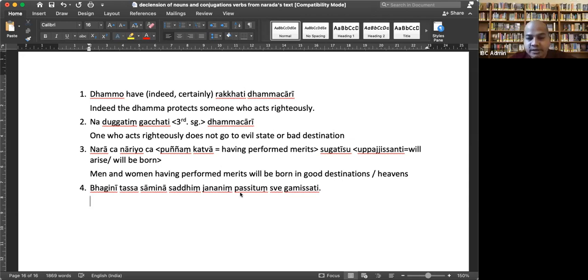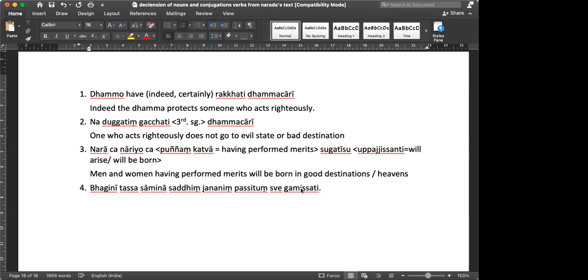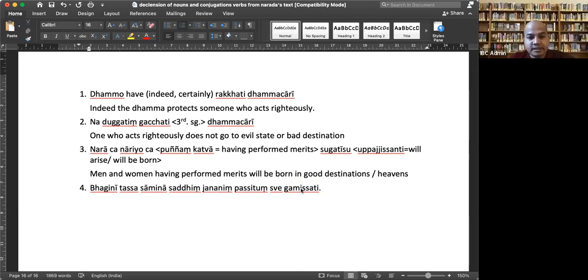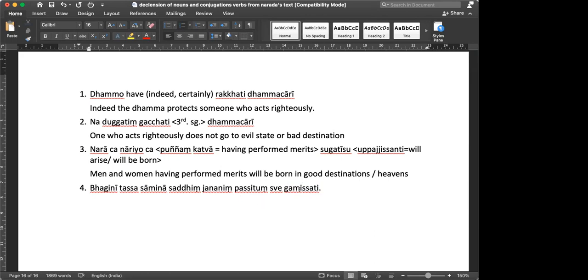So what is the main verb here? Gamissati is the main verb, a future tense verb.